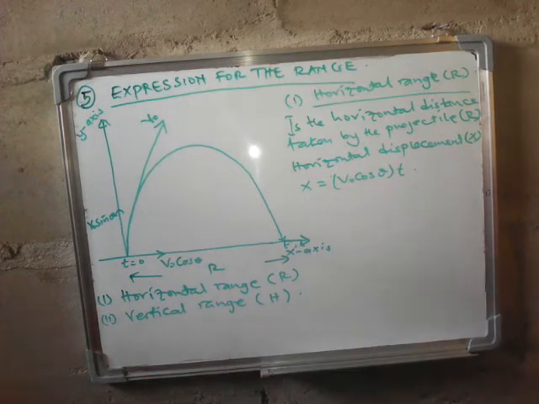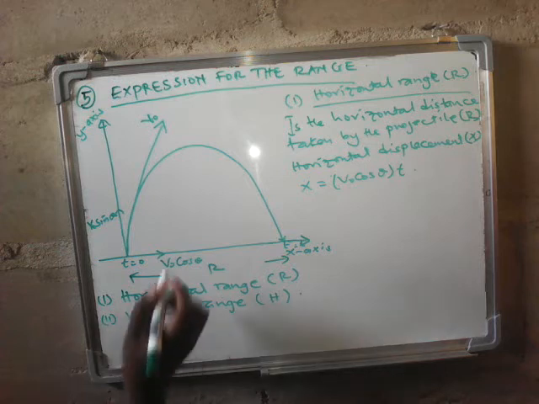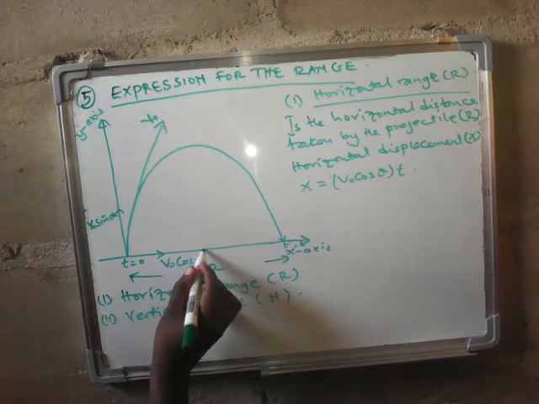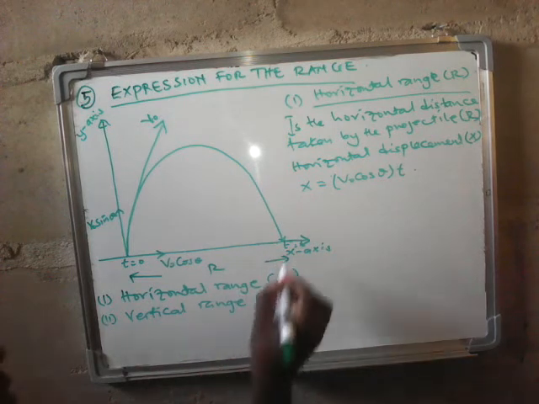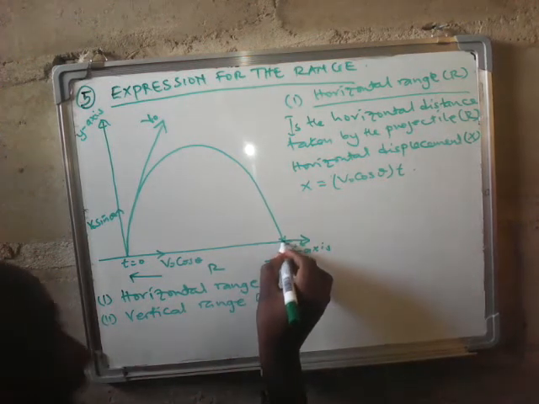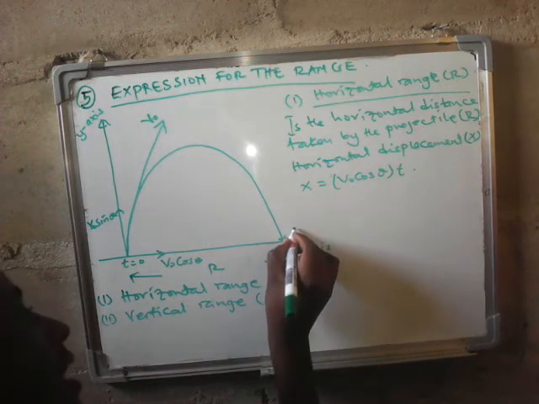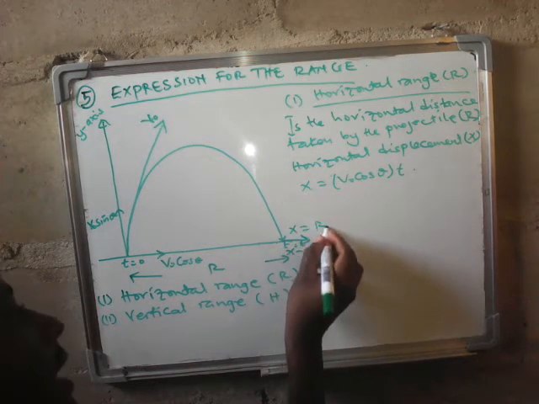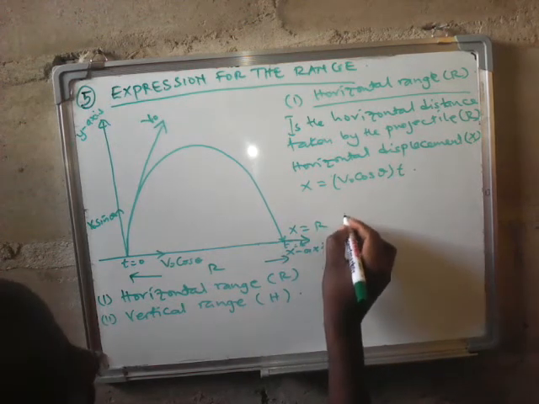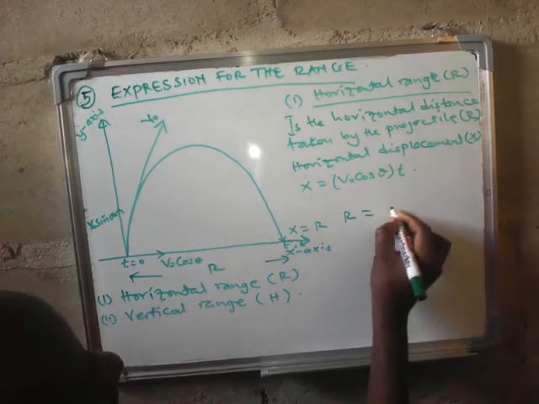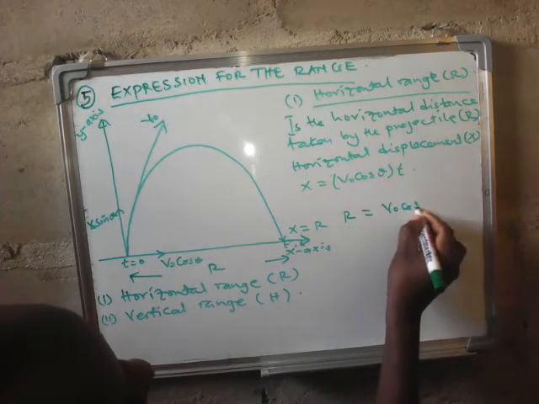But this horizontal displacement happened at any point. It would have been here, there, or there. But now, if we reach this point here, it means our x will be equal to R. R becomes the range.